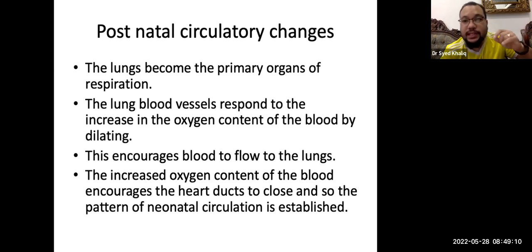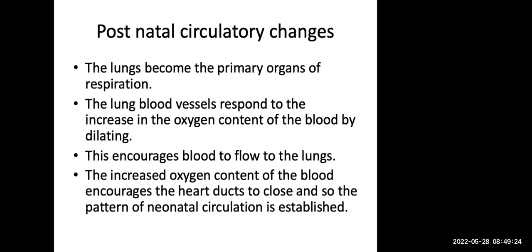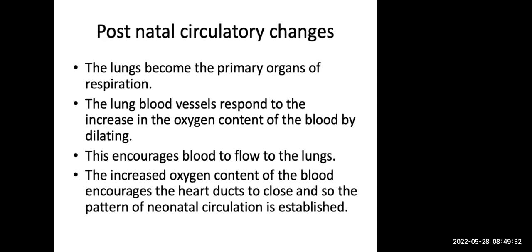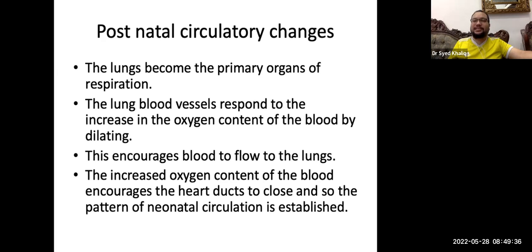So my question is, what happens if for some reason the pulmonary blood pressure remains high? What will happen? What can happen? TPN? TTN? Not really. Transient pulmonary hypertension. Pulmonary hypertension.